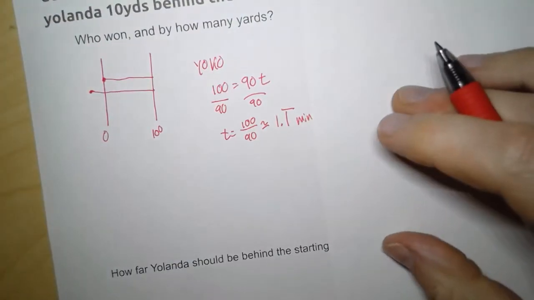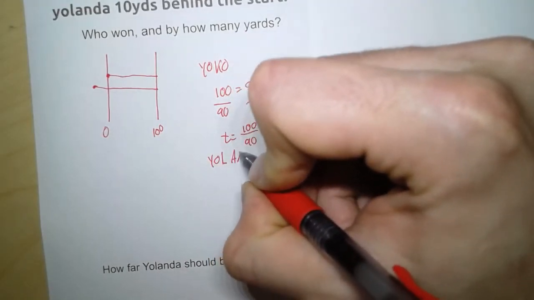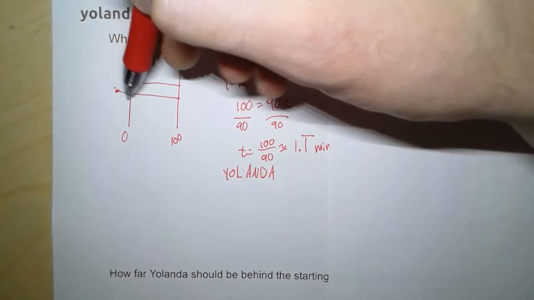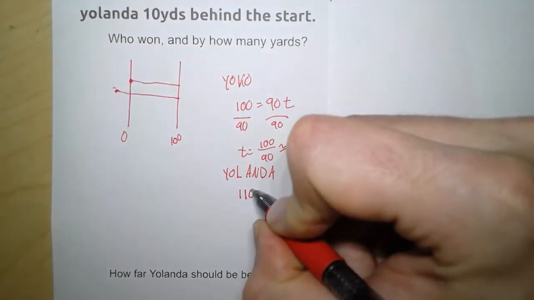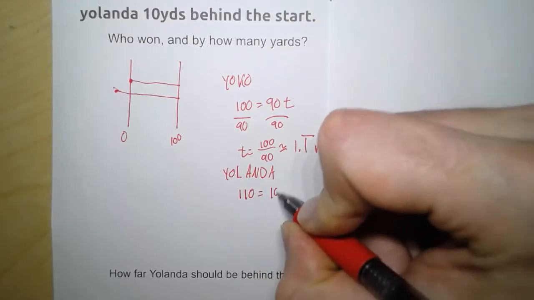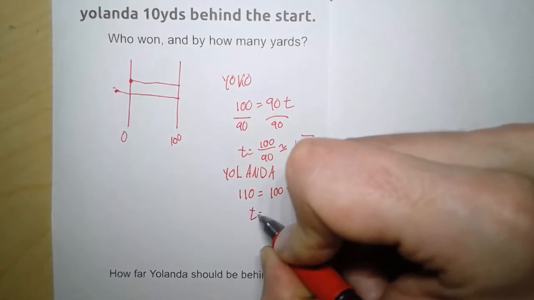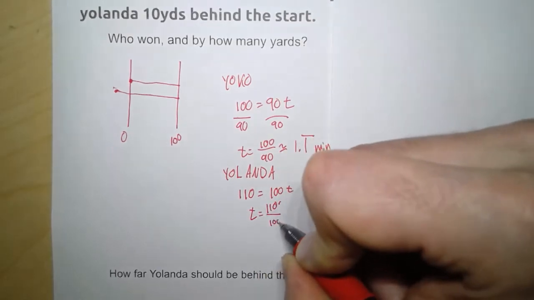Now we have to ask, what about Yolanda? Yolanda has farther to go because she's 10 yards back. So for her to reach the finish line, it's going to take her 110 yards to get there. But she's running at a faster rate, 100 yards per minute. So the time for her is 110 divided by 100.